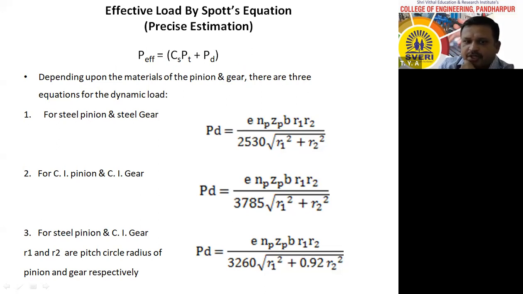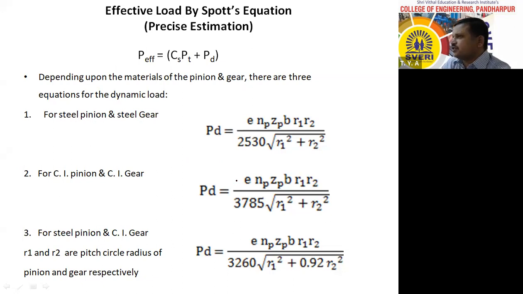Therefore, depending upon the materials of the pinion and gear, there are three equations for the dynamic load. Now, these equations we are going to use while solving the problems. Remember, for steel pinion and steel gear, PD is equal to E NP ZP into B R1 R2 divided by 2530 square root of R1 square plus R2 square, where R1 and R2 are pitch circle radius of the pinion and gear respectively.